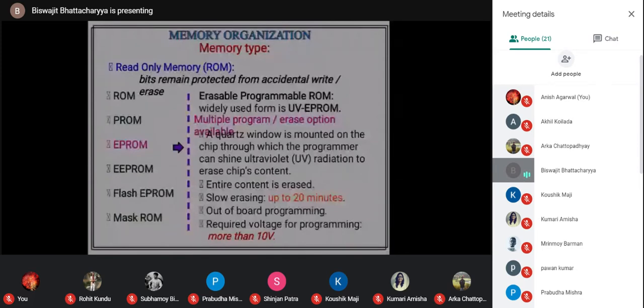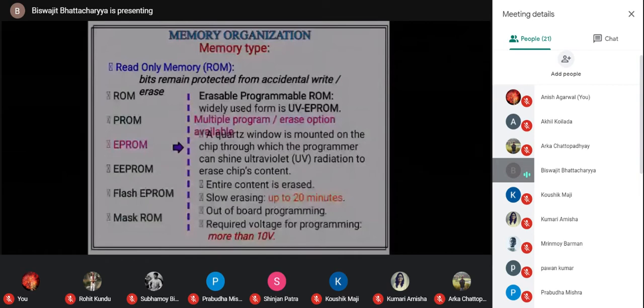So it is the quartz window through which the ultraviolet ray goes into the core of the IC and erases the bit content. That's why it is called erasable programmable ROM. Once it is erased, it can be programmed again.